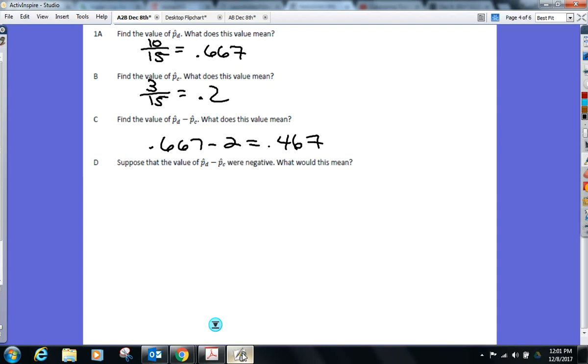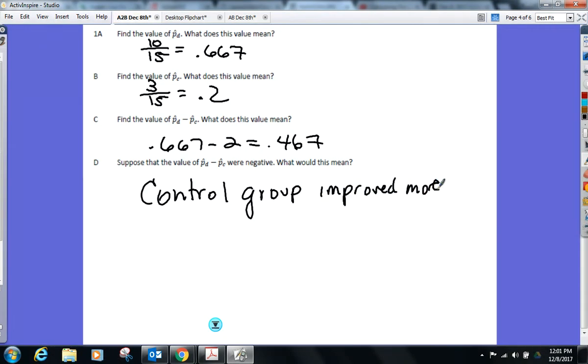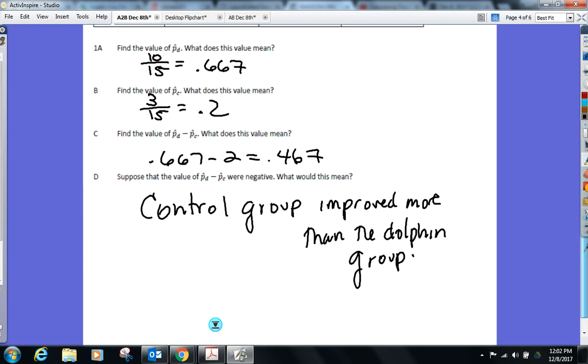Not necessarily who had the better results. Control group. Thank you. So the control group improved more than the dolphin group. If it were negative, which it's not, that's what it would mean. The control group improved more than the dolphin group. Okay?